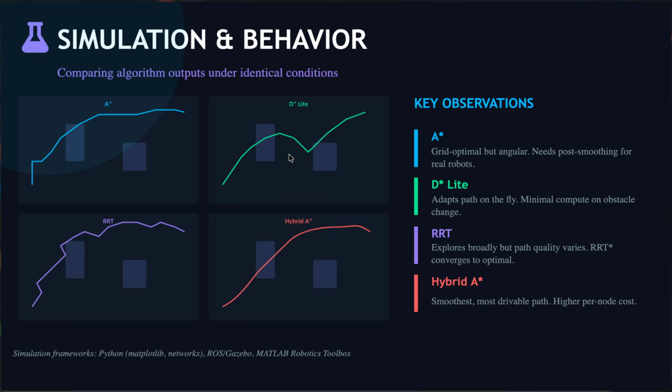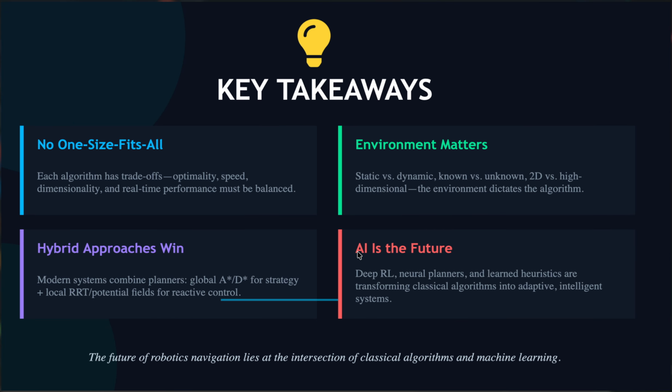D star adapts to the path on the fly, but there's also a huge angular change based on the obstacle. RRT, of course, has a lot of angular changes as the algorithm works in that way. And then hybrid A star is the best way for you to move around if you want a smooth drive. Now here are the key takeaways before we end this.